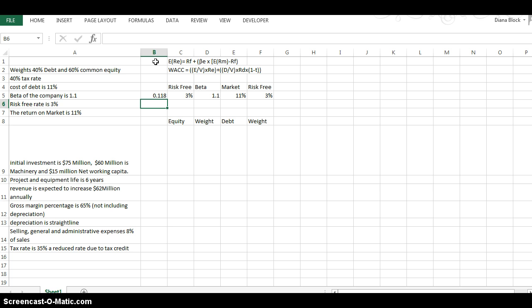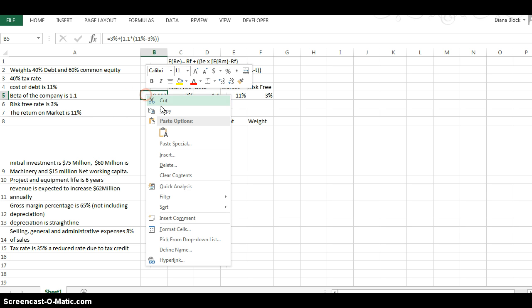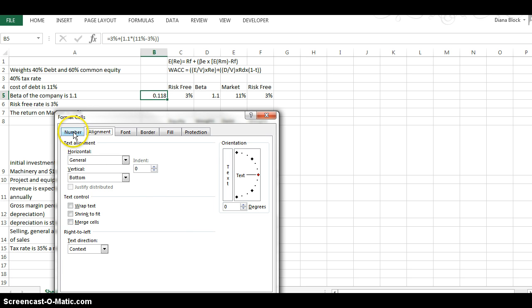That tells us the cost of equity for this particular firm is 11.8%. If I click in my cell here, you can see the formula that I entered. So here's how we arrive at the cost of equity for this firm.